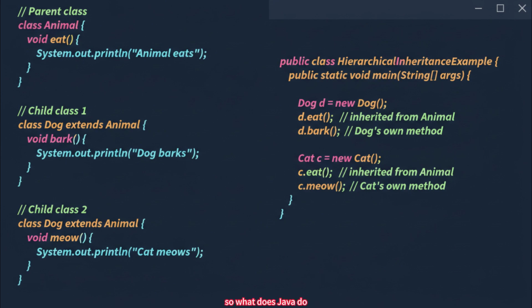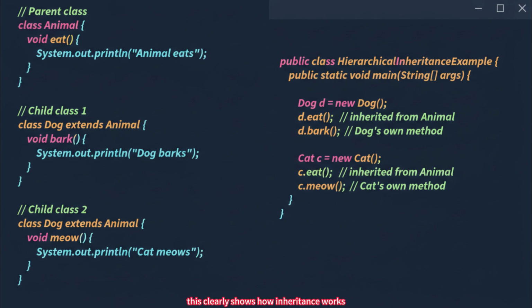So what does Java do? Because Dog extends Animal, Java goes up to the parent class, which is Animal, and searches for the eat method there. Java finds the eat method inside the Animal class and then executes it. That is why the output becomes "Animal eats".